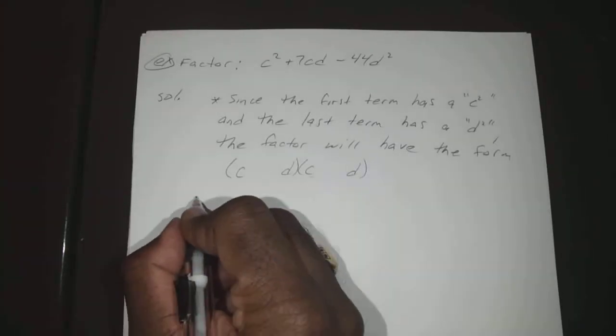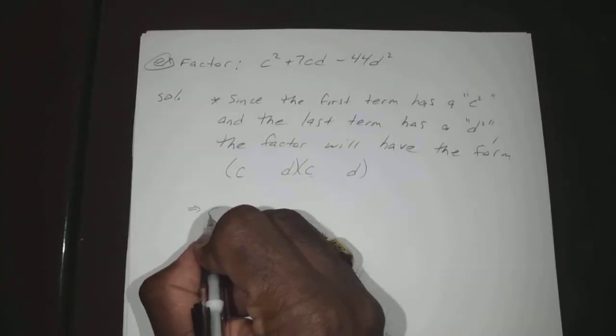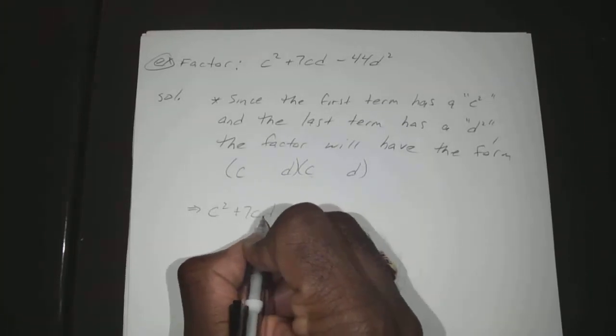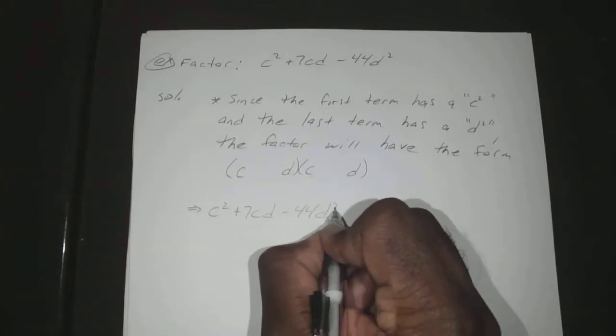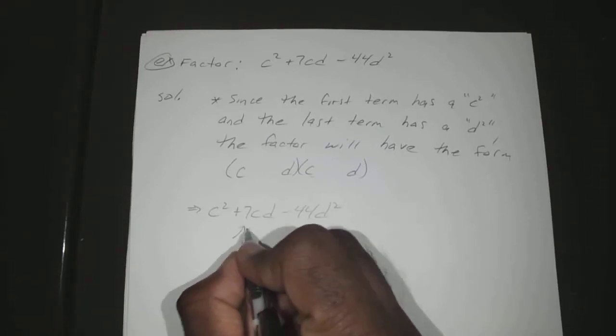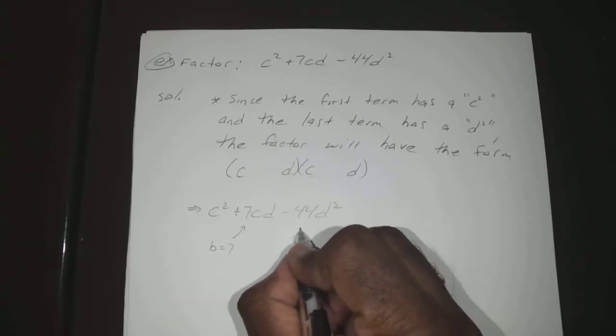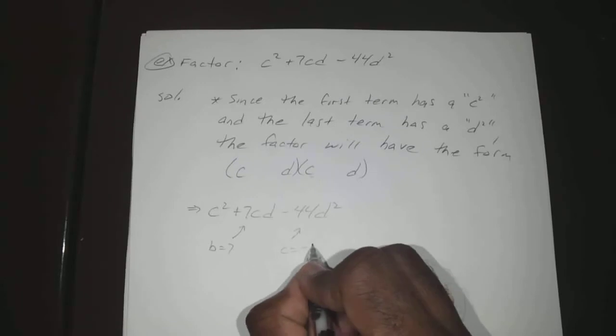Okay, so if we have c squared plus 7cd minus 44d squared, we know our b is equal to 7, and our c is equal to negative 44.